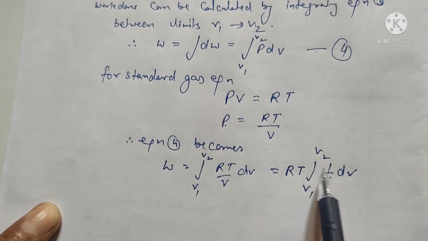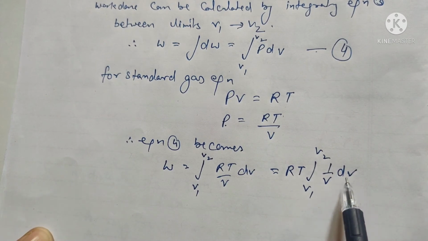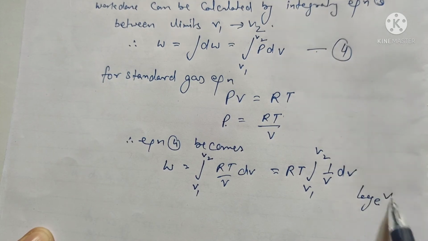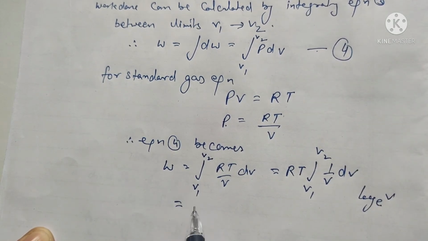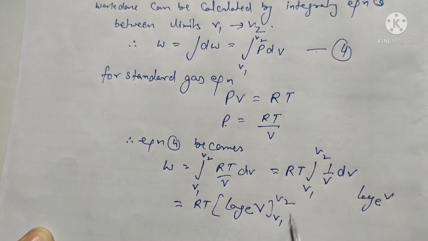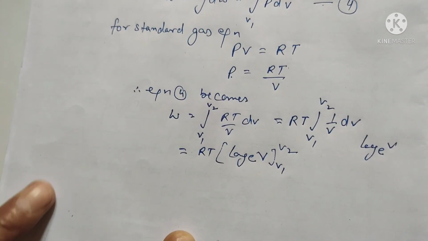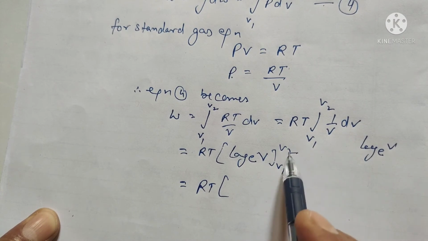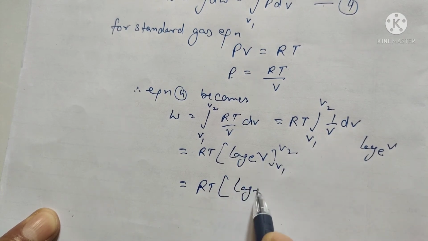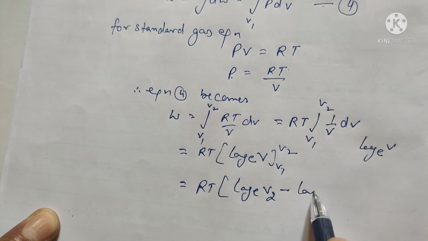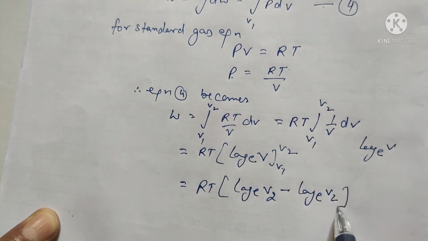Now the integration of 1 over V dV is log of base e V. So this is equal to RT log of base e V from V1 to V2. In the next step we put the limits. So this is equal to RT, upper limit log of base e V2 minus lower limit log of base e V1.